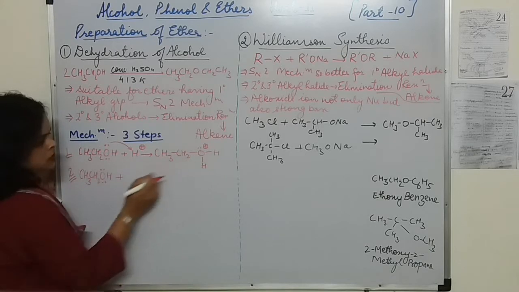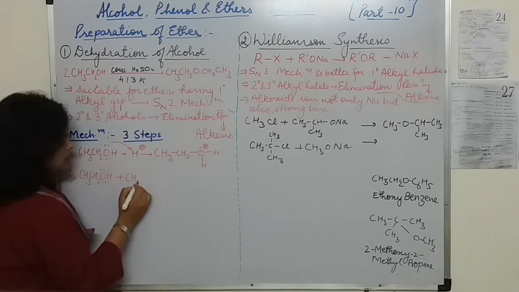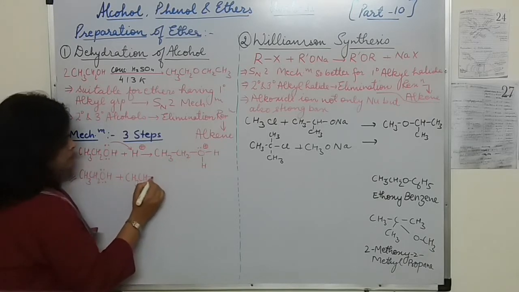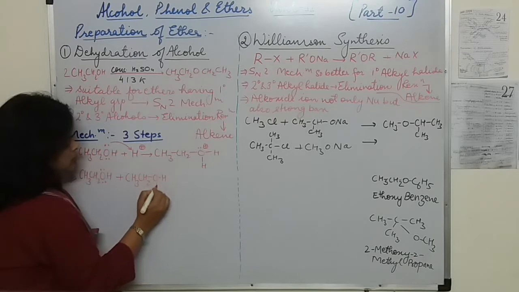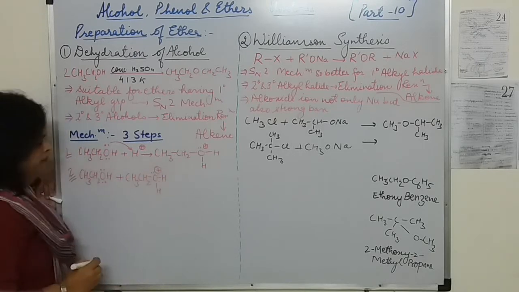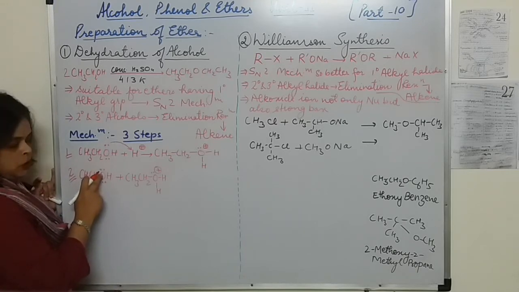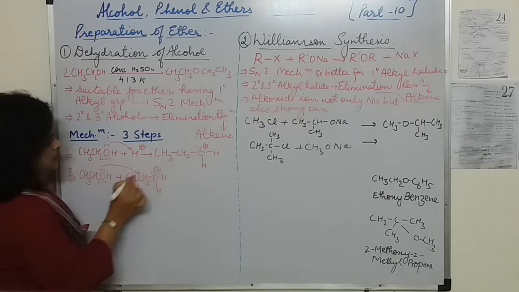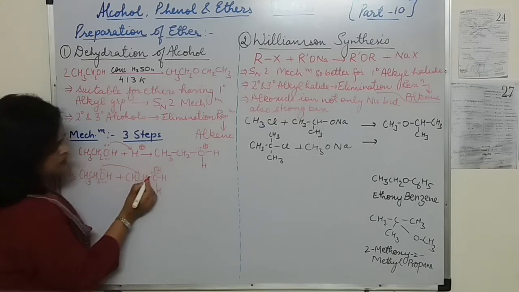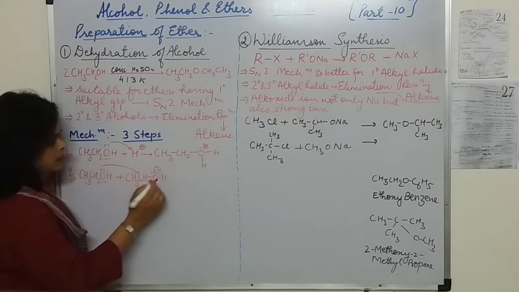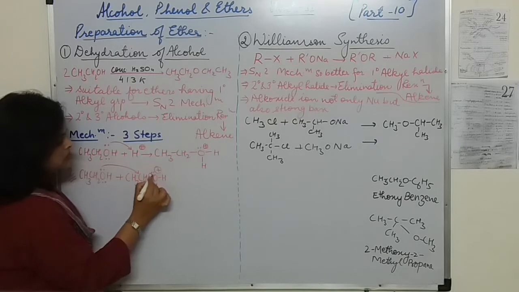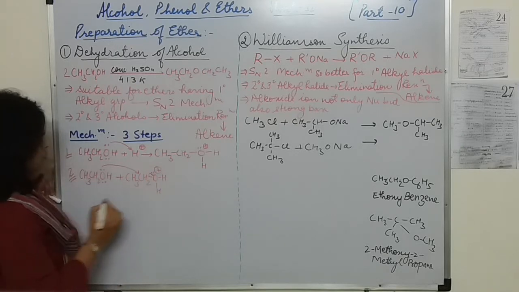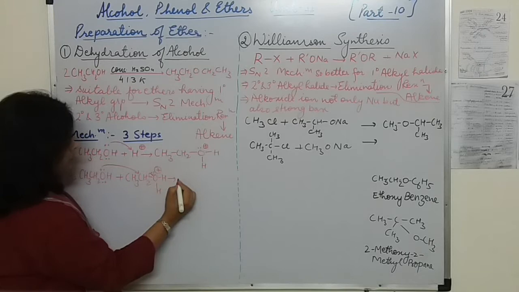Now, I draw the structure over here. CH3CH2OH. Now, this lone pair of electrons gets attached to this carbon, and the bond between this carbon and oxygen shifts onto this oxygen. So what you will get over here?